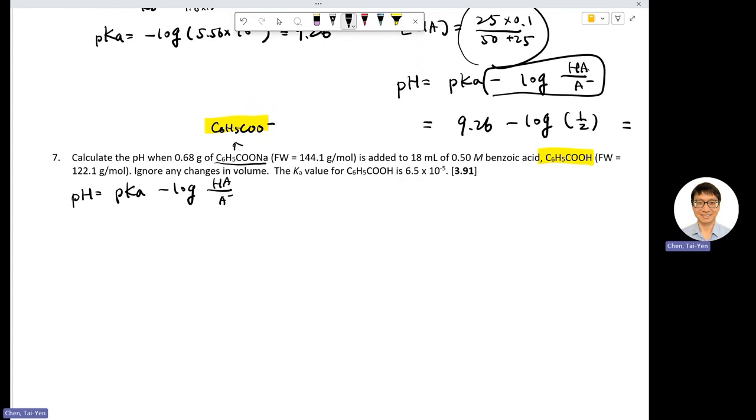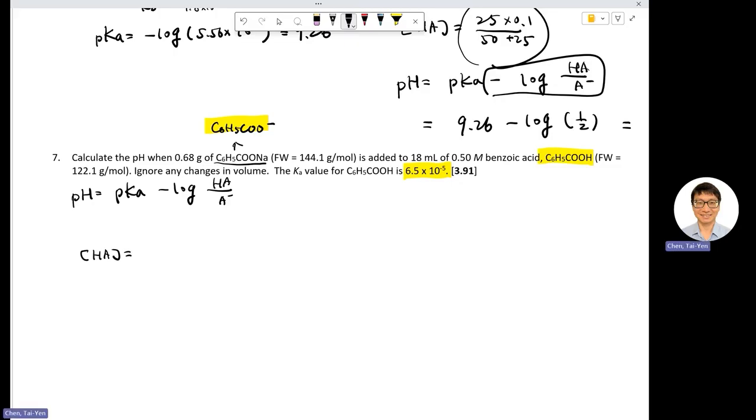First term, Ka. Do you have Ka in the question? You do, right? The Ka is 6.5 times 10 to the negative 5, therefore you can compute your pKa. Then we need to focus on the second term, the acid concentration.